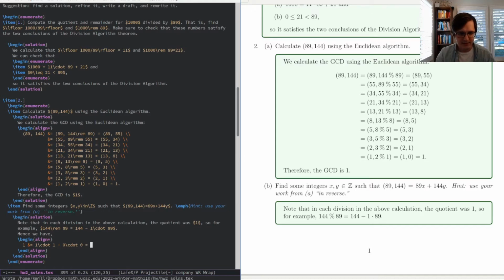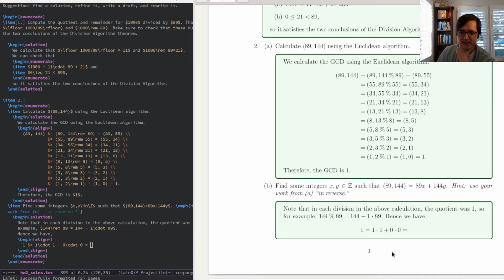Okay, so let's look at what we have. I have to collect my thoughts. Okay, 0 was 2 mod 1, right?